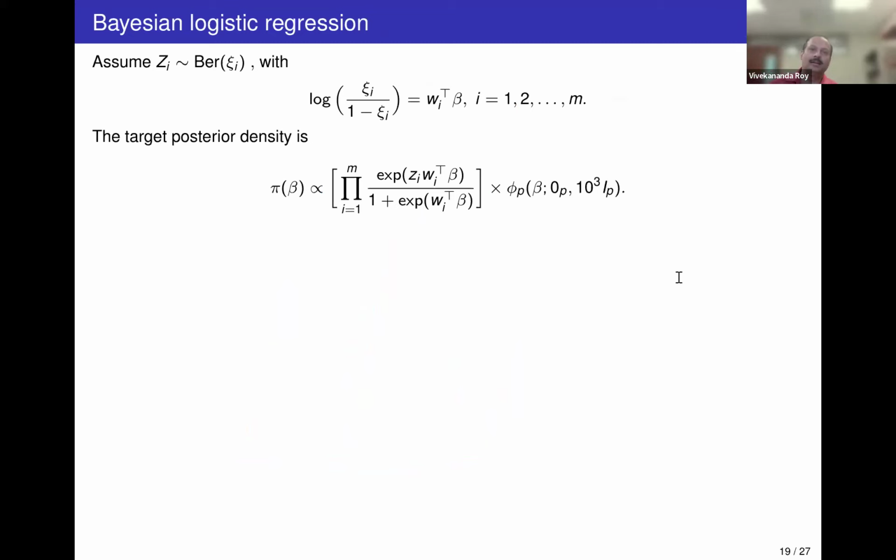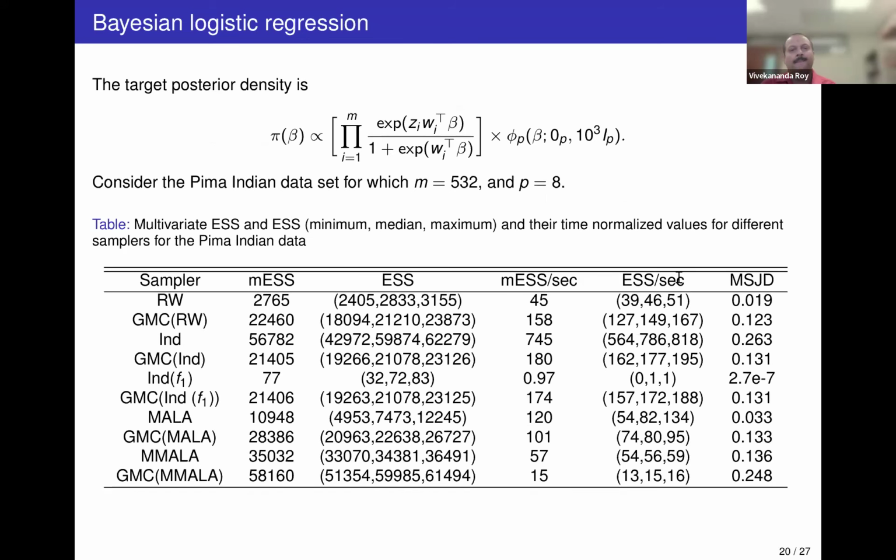The link function here is the logistic logit link. I consider the Pima Indian dataset. I know we are supposed to leave it alone. In the paper, I also considered other datasets.